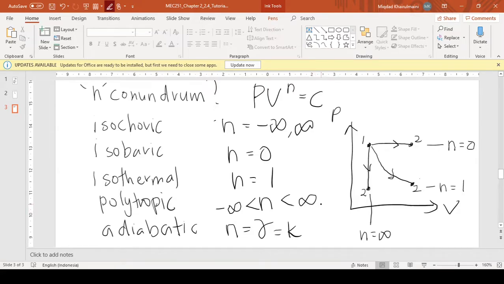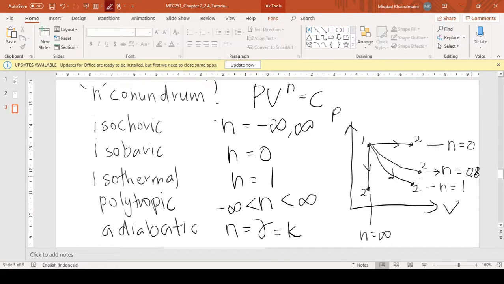So let's say n equals 0.8. The process line for the polytropic, since n is 0.8, will be between n equals 1 and n equals 0, so somewhere maybe here. This is the process line for a polytropic process with index number 0.8.